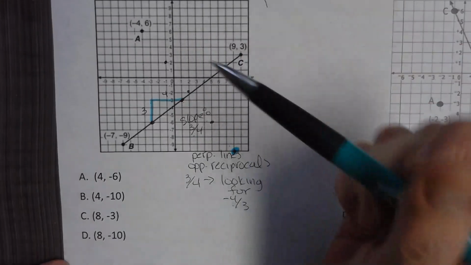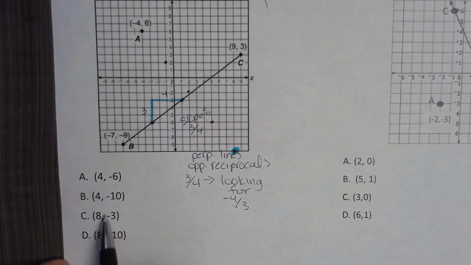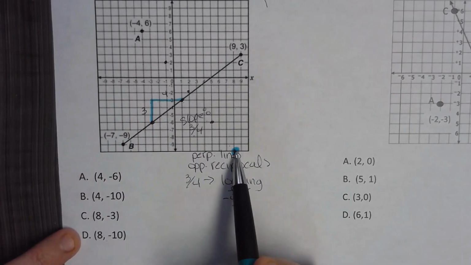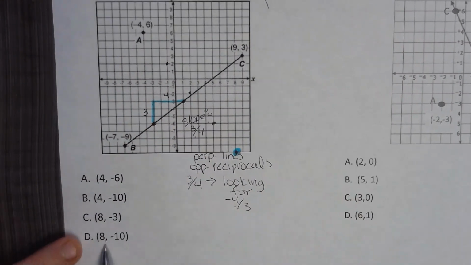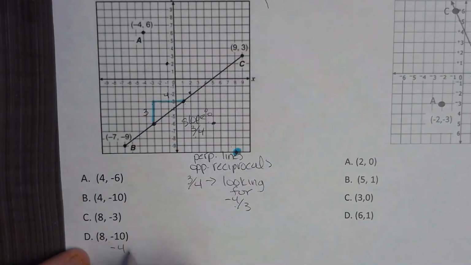So the other way to do this is to take this point and use each one of these points and do the slope calculation. We can do it for each one of these, but I am just going to do it for the one that I believe is the answer. That's this fellow right here. So I'm going to take this point, which is negative 4, 6.